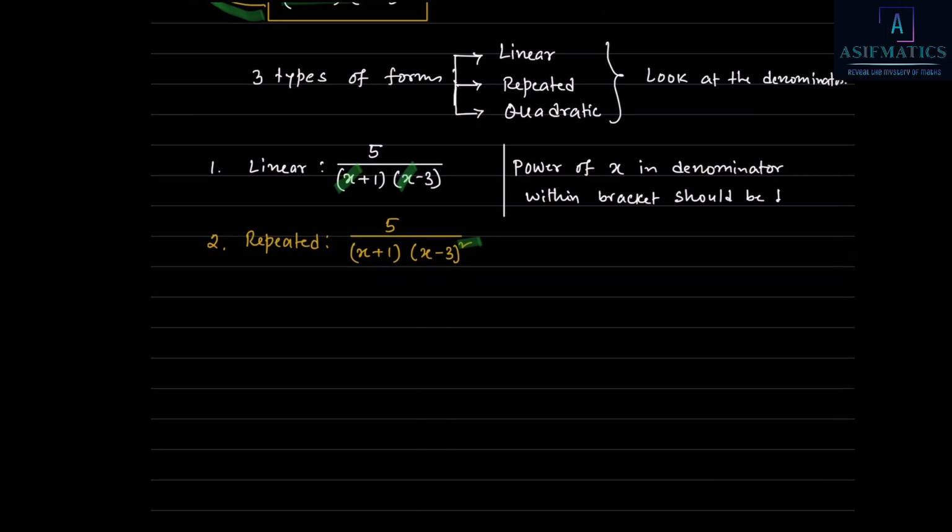Now the last one is our quadratic. In case of quadratic, the form will be like this. Let's say we have 5 divided by x plus 1, and now within the bracket we will have x square minus 3.